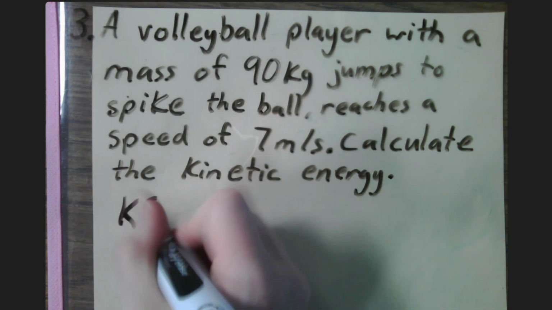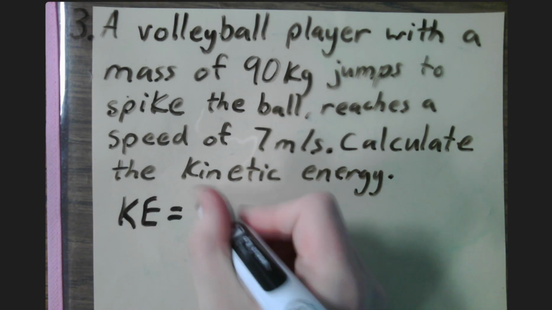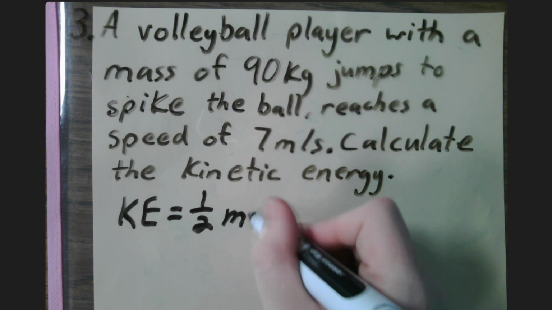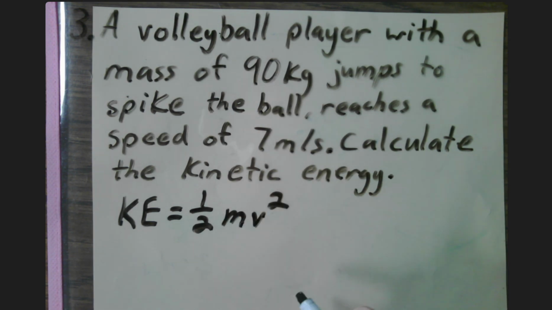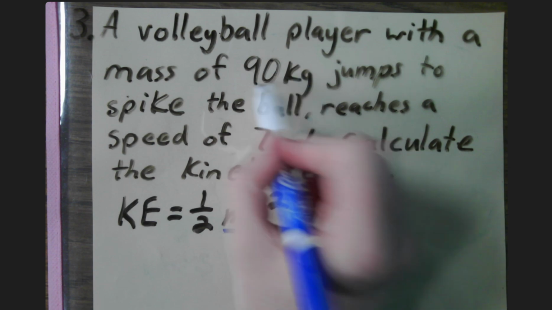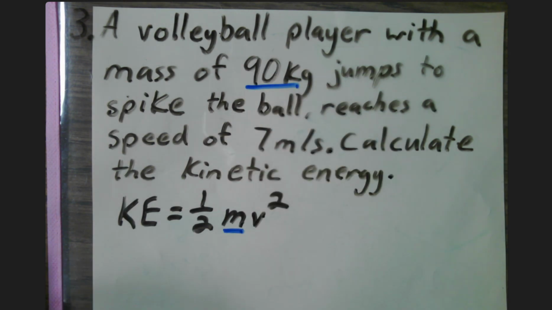Kinetic energy is equal to 1/2 mass times velocity squared. So let's find our mass, which is blue. It's in kilograms, so there's our mass, 90 kilograms. And we find our velocity, which is green, 7 meters per second.